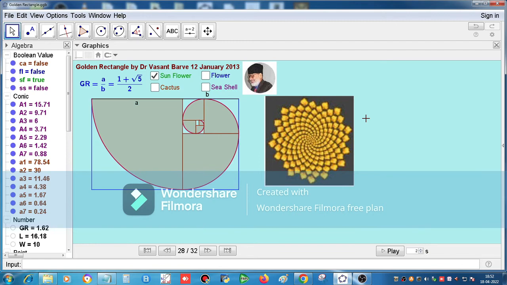Okay, so we have this golden ratio available everywhere, and it makes a beautiful pattern. Many architects have used this, and this particular shape is adopted for beautiful doors and windows, or picture frames.